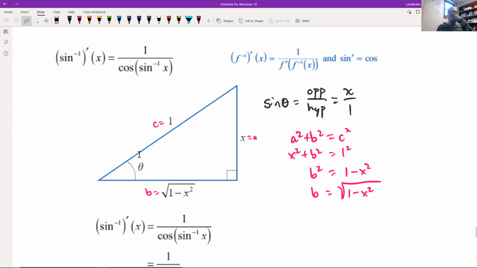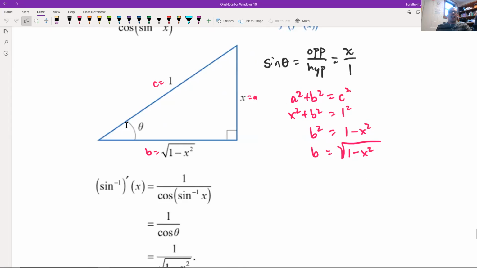But what this allows us to do is deal with this composition of an inverse trig function and a regular trig function. So the steps look like, what is the angle when the sine is equal to x? Well, the angle, just as we built this triangle, is theta. And then taking the cosine of theta means that we're looking at adjacent over hypotenuse.